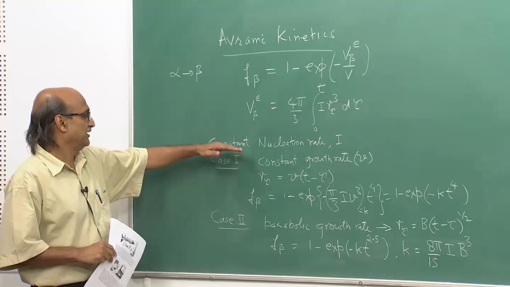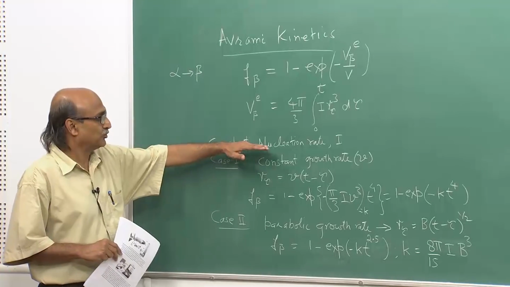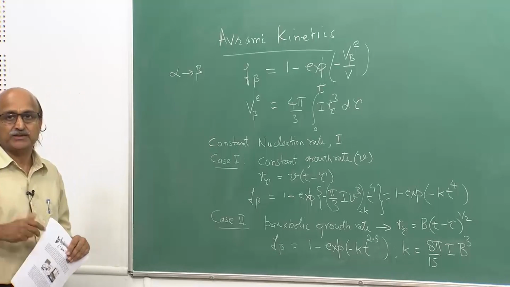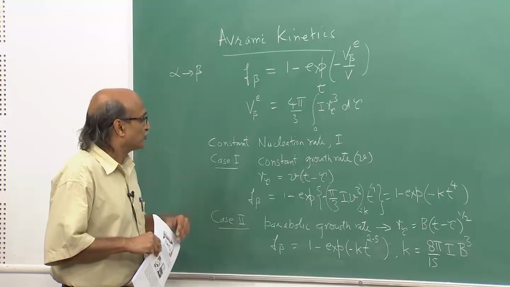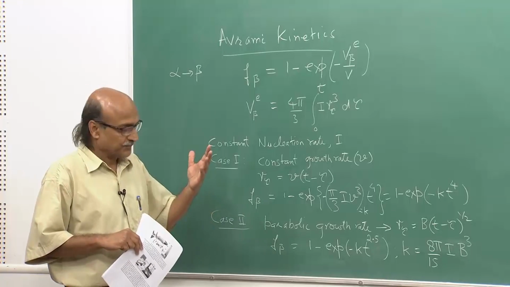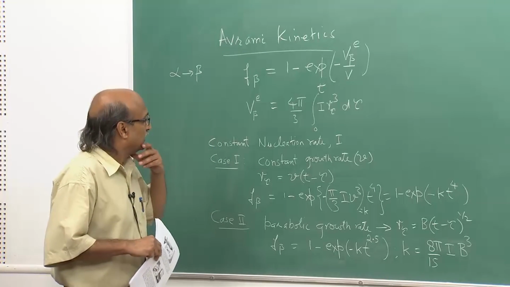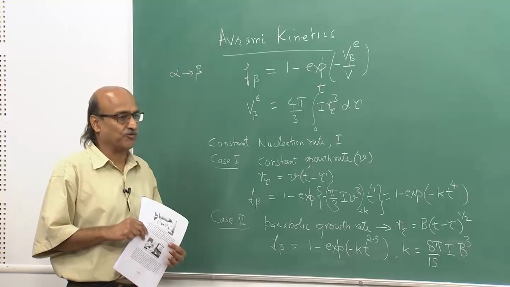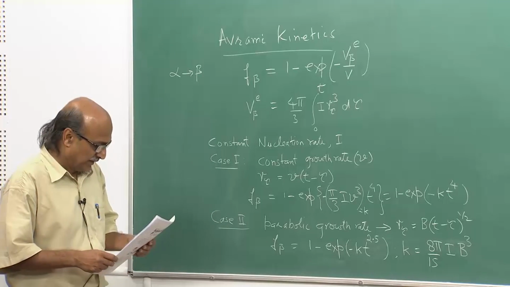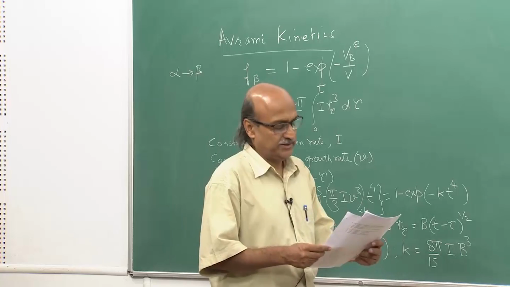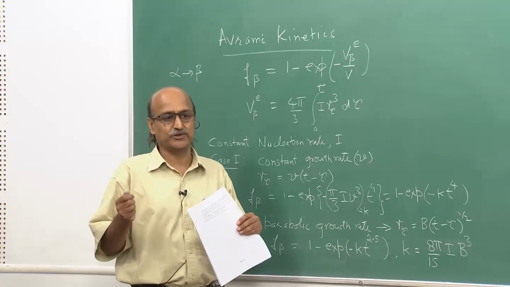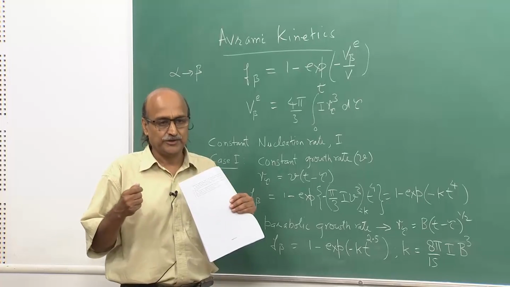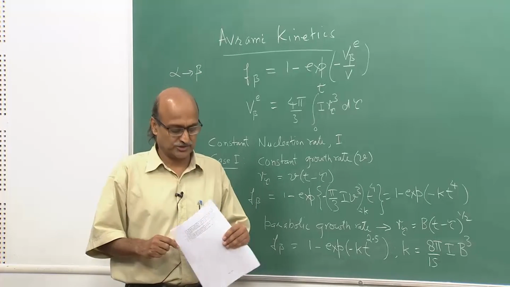Here we had considered nucleation occurring throughout the transformation. There is a possibility where you would have most of the nucleation getting completed in the very early stages of transformation, and that can happen when site saturation takes place. Site saturation means sites for nucleation get completely exhausted.